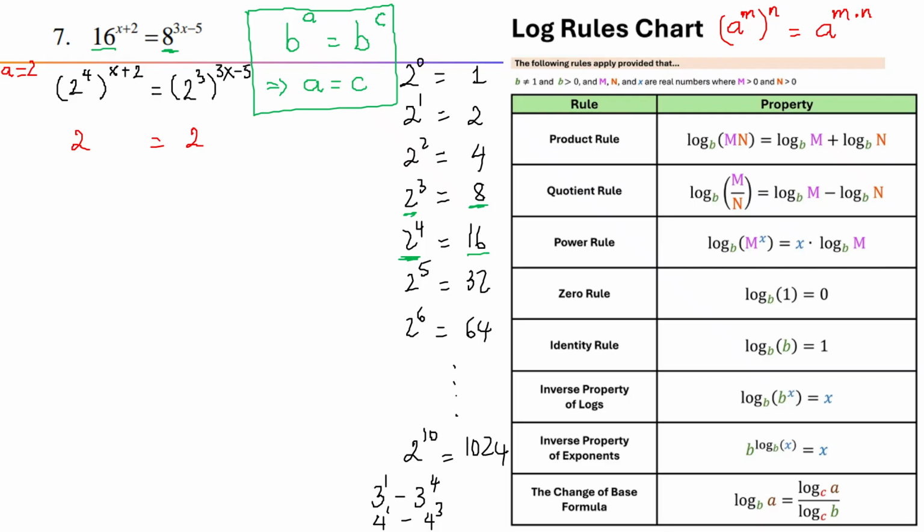Now we apply that formula twice, on the left side and on the right side. My m on the left side is 4. See that? m equals 4, and n equals x plus 2. Now I take m times n, which is 4 times x plus 2.